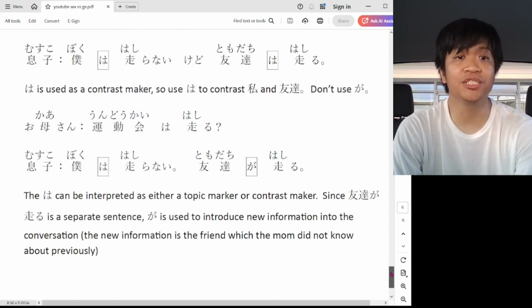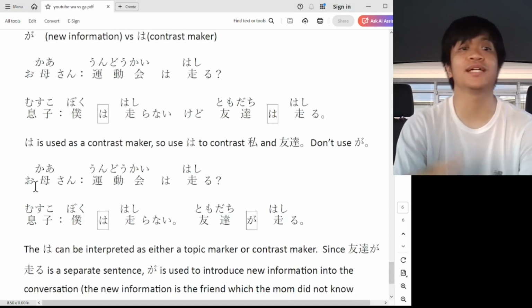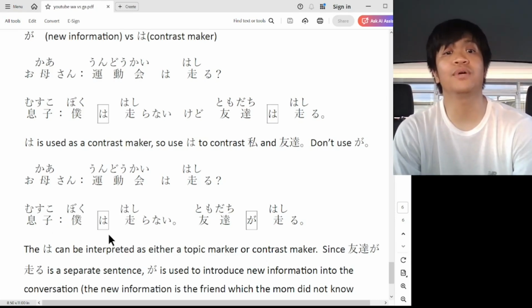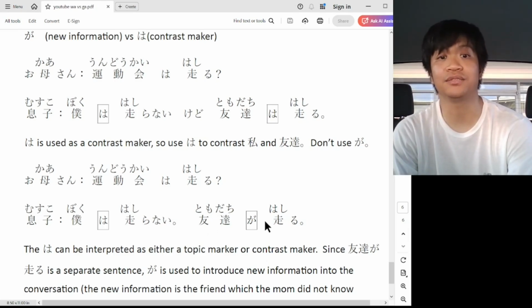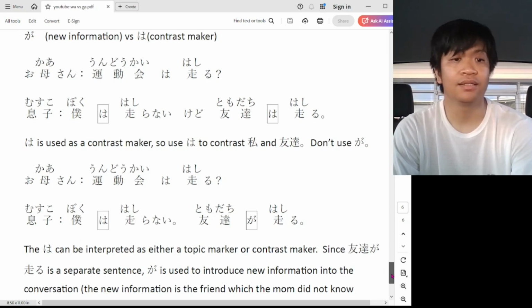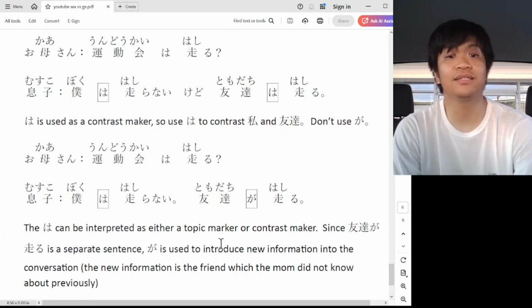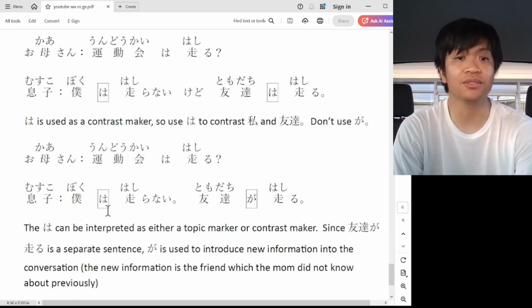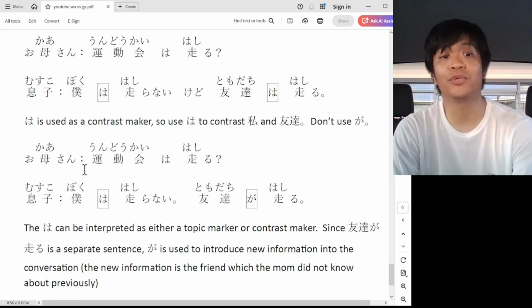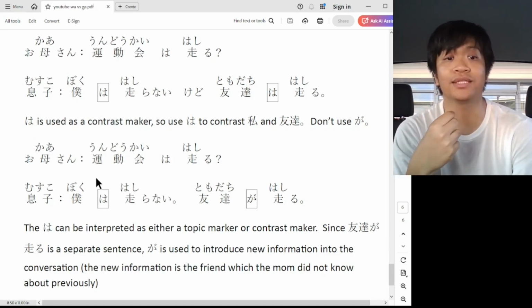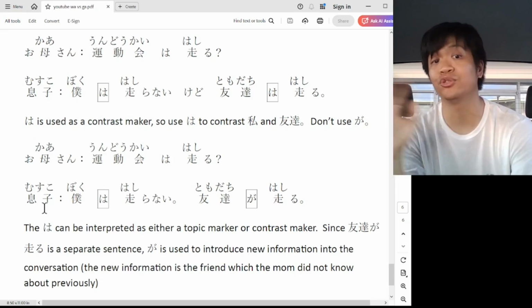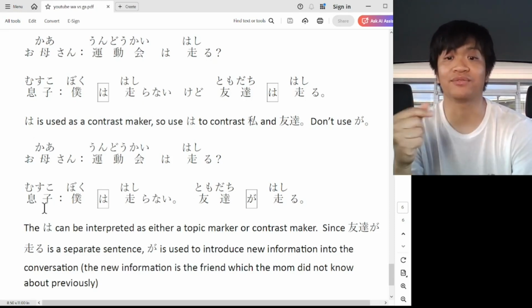But if you changed it, the mom says the same question. Okasan says, 運動会は走る? And then the musuko says, 僕は走らない. Then end the sentence. 友達が走る. Here, the wa can be interpreted as either a topic marker or a contrast marker. So it can be either topic, marking boku as the topic, or a contrast, contrasting myself as opposed to other students, maybe his friends.